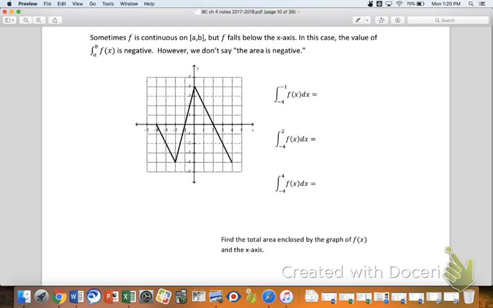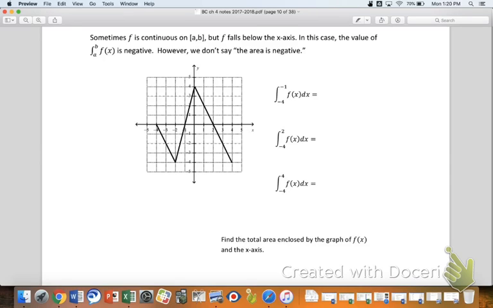Why? If area is never negative, why would a definite integral spit out a negative number? Something about backwards, which is possible. Below the x-axis, also possible. Okay? Let's remind ourselves what a definite integral is. A definite integral is simply an infinite summation of really skinny heights, right?